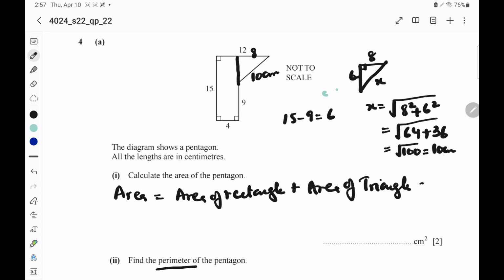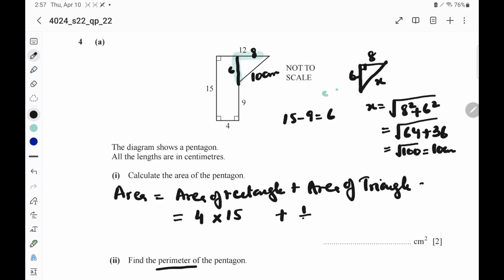I told you the perimeter values as well. Okay, so the area of the rectangle is equal to 4 times 15, length into width, plus area of the triangle is half base into height. Wherever this is your base and it's your height, and we have already calculated that it is equal to 6.